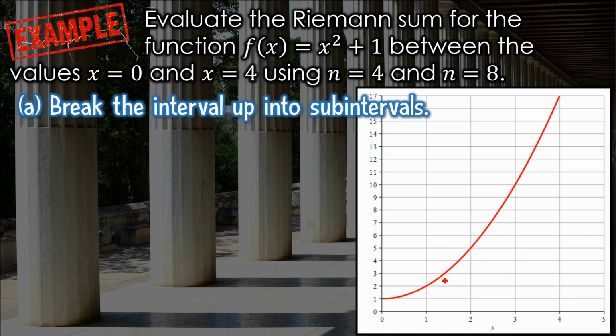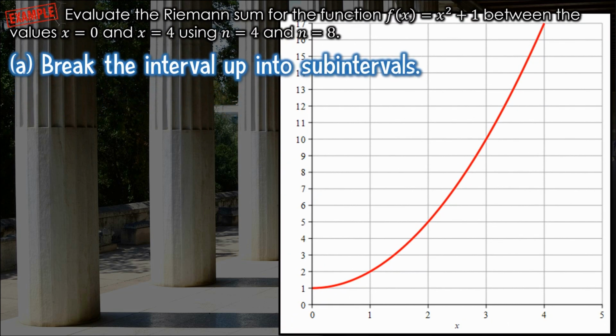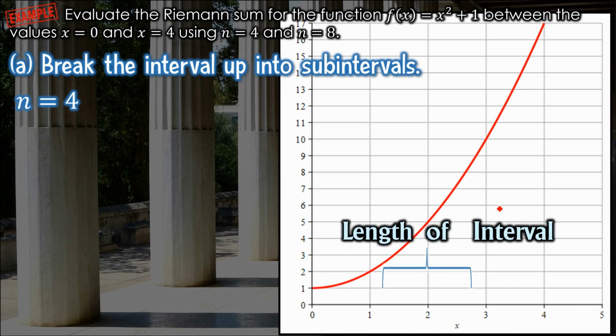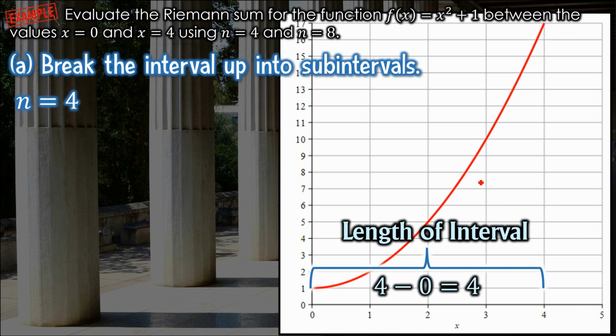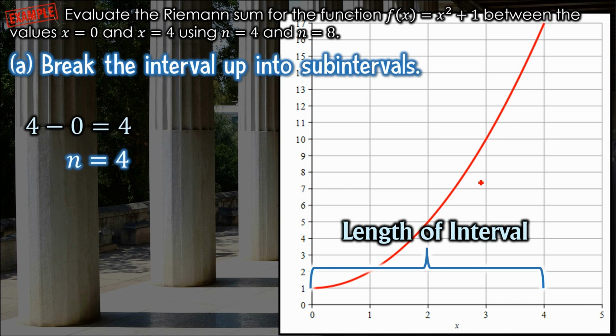So we started by breaking the interval up into some subintervals, starting with 4 subintervals and going from there, and saying, well, how long is each one of those going to be? When n equals 4, the length of my interval from 0 to 4, well, it's going to be 4 minus 0, which is 4. And since I'm breaking it up into 4 subintervals, I'll take that, divide it by 4, and say, well, each one's going to have length 1, and we called that delta x.